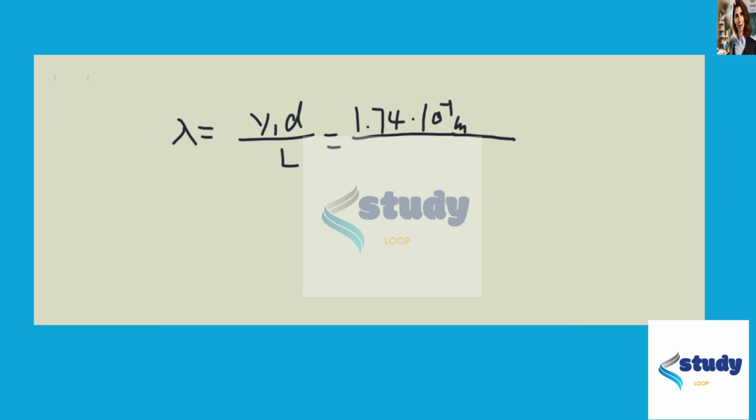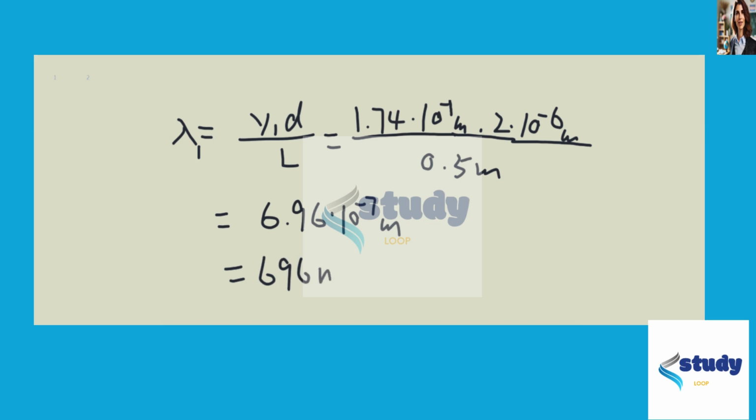And I got a value for D from 1 over D, which is 2 times 10 to the -6 meter, divided by L, which is 0.5 meter. And that will give us, let's say lambda 1, equal to 6.96 times 10 to the -7 meter, which is 696 nanometers.